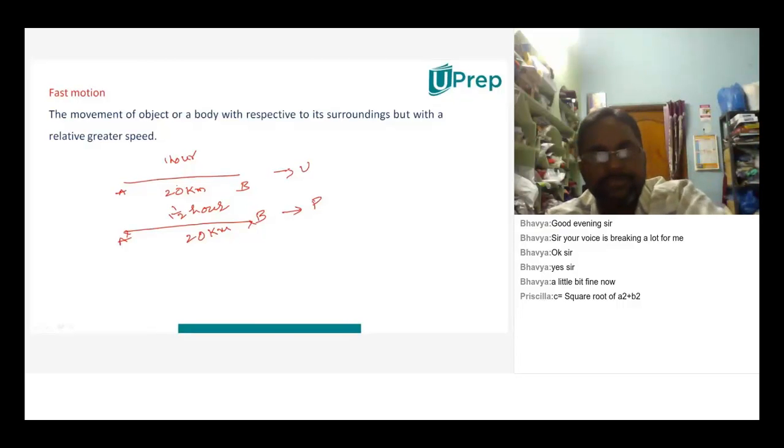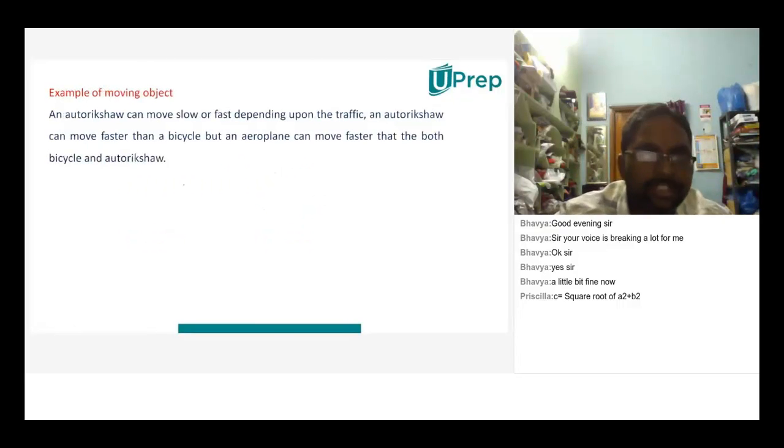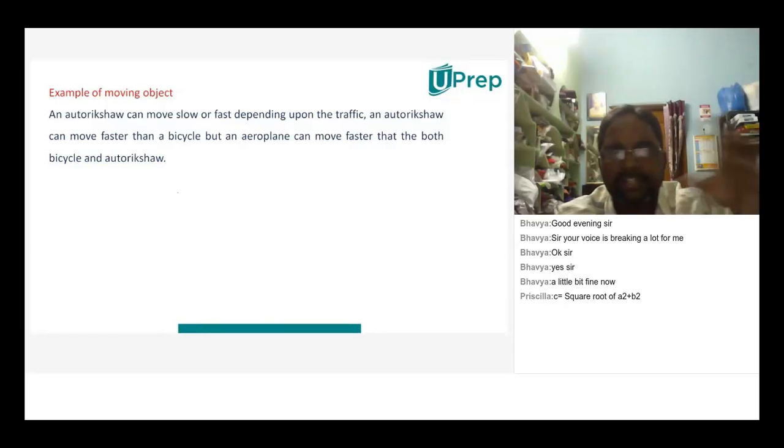Okay. Now an example of a moving object. An auto rickshaw can move slow or fast depending upon the traffic. An auto rickshaw can move faster than the bicycle, but an aeroplane can move faster than both the bicycle and auto rickshaw. So all these are related to comparison.